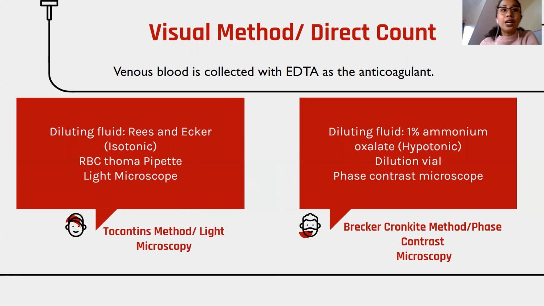Okay. So, Tongkantin method, class, other than the diluting fluid, we use the RBC Thoma pipette. Di ba hanggang 101 mark? And class, here, in diluting fluid, so dilution vial and phase contrast microscope.